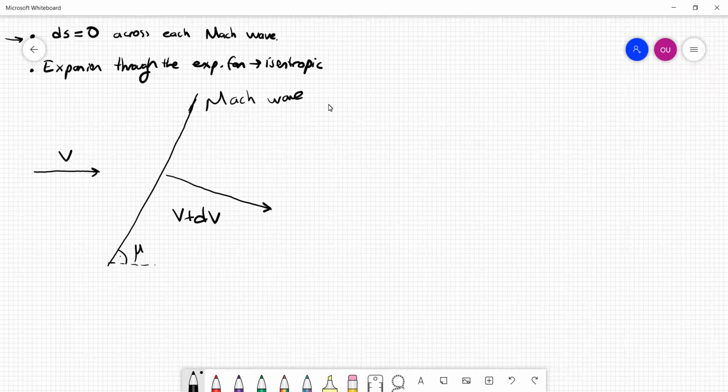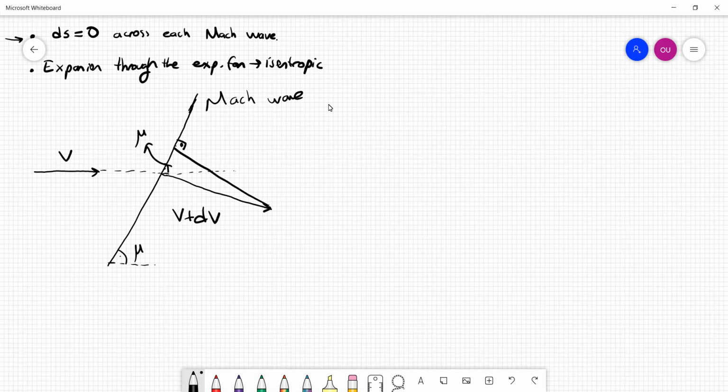So, if we work out this case geometrically like that, here this angle is again going to be the Mach wave angle.